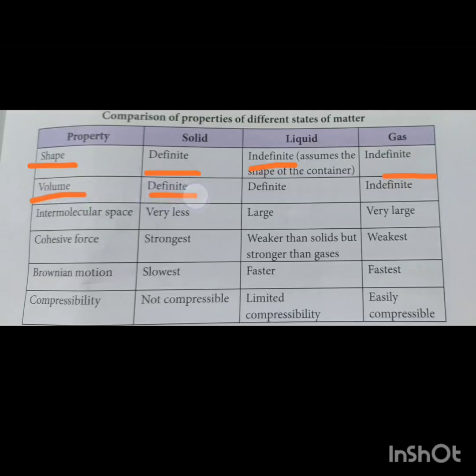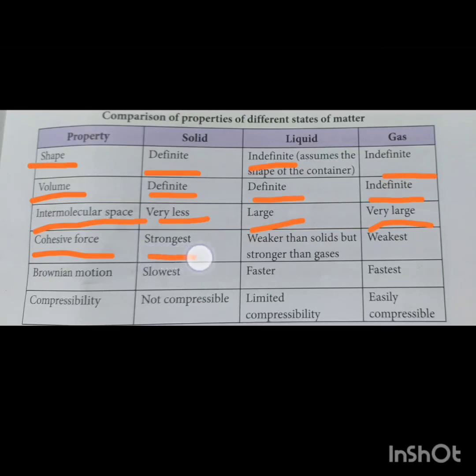Solids have definite volume, liquids have definite volume, gases have indefinite volume. Next property, intermolecular space. Solids have very little intermolecular space, liquids have large intermolecular space and gases have very large intermolecular space.